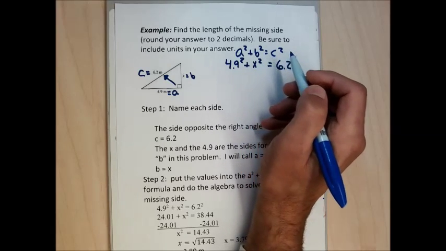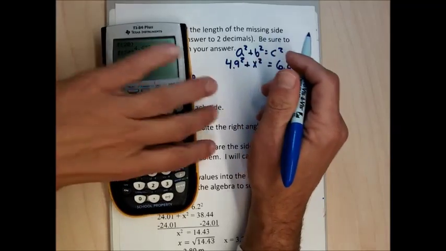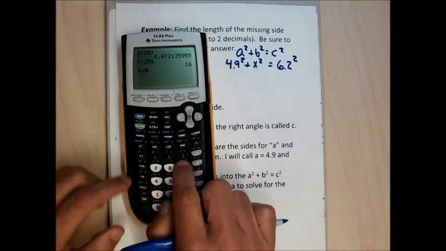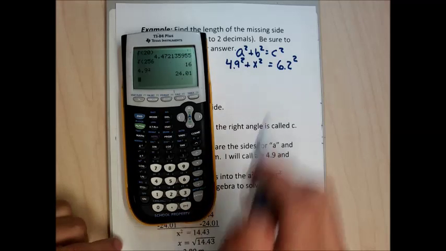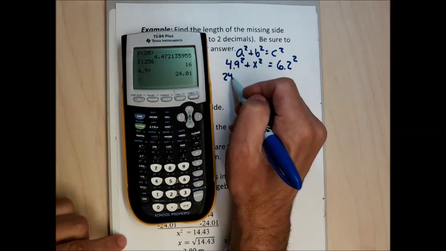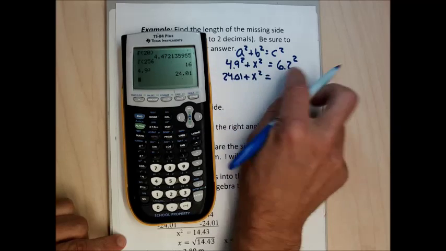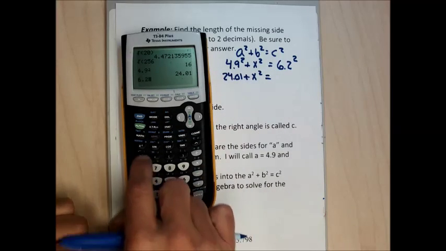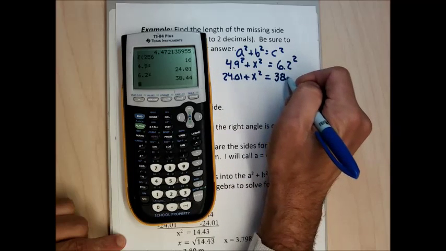And now I'm going to need my calculator to get some of the work done. So on the left side, I need to figure out what 4.9 squared is. So I hit 4.9, then I hit the x squared key. And 4.9 squared is 24.01. On the right side, I need to know what 6.2 squared is. And 6.2 squared is 38.44.